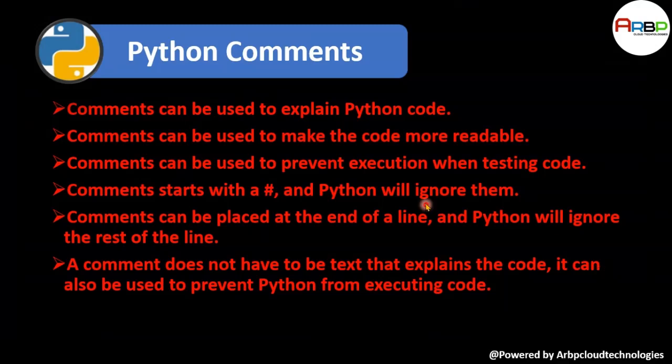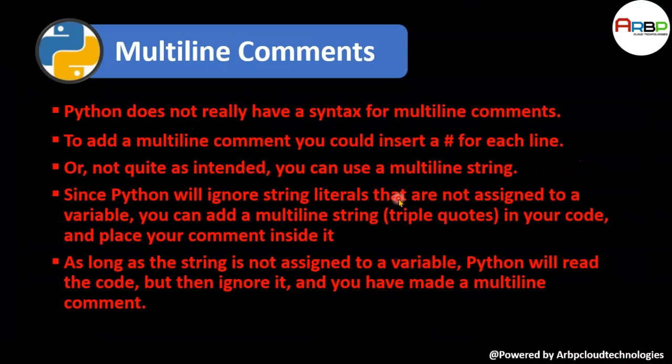Now, turning back, multi-line comments. If you want to write comments of more than one line, there are two ways to write multi-line comments. The first way is to insert a hash for each line. Or, you can use a multi-line string.